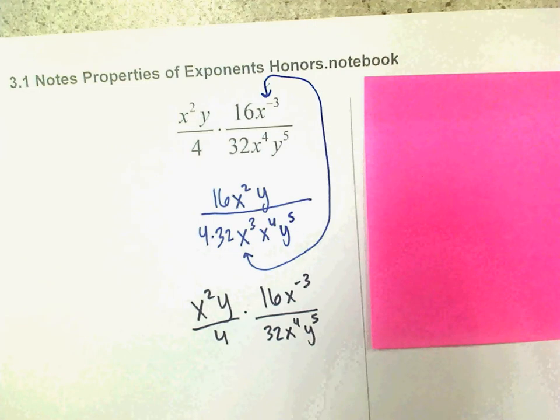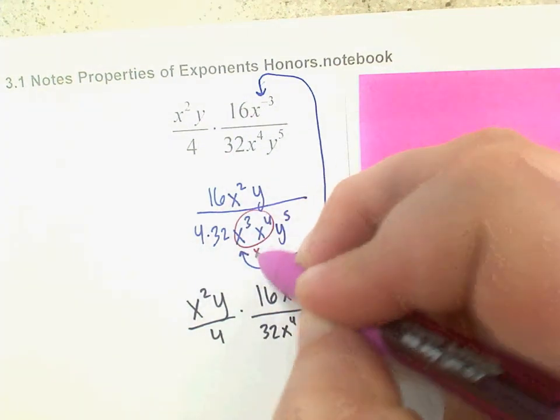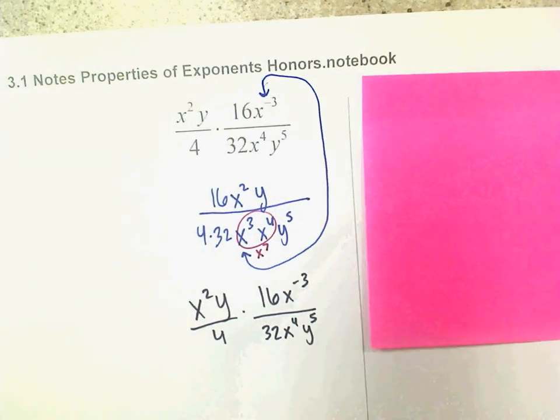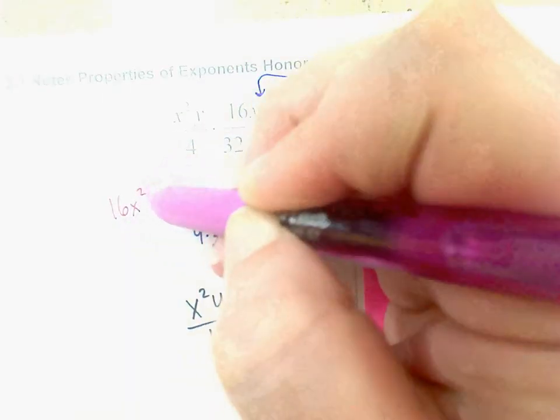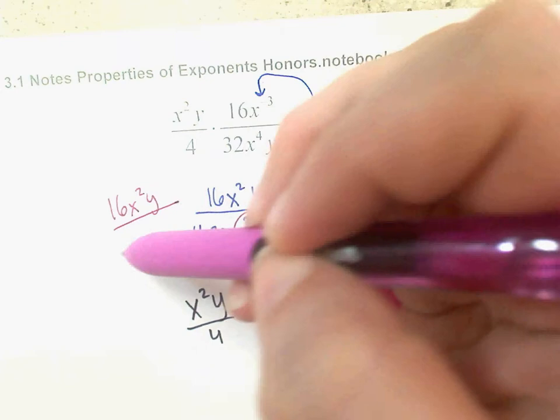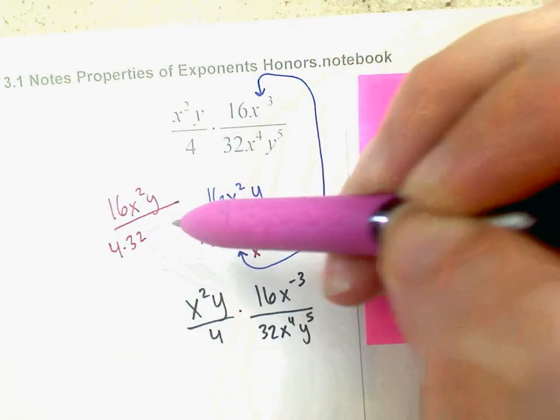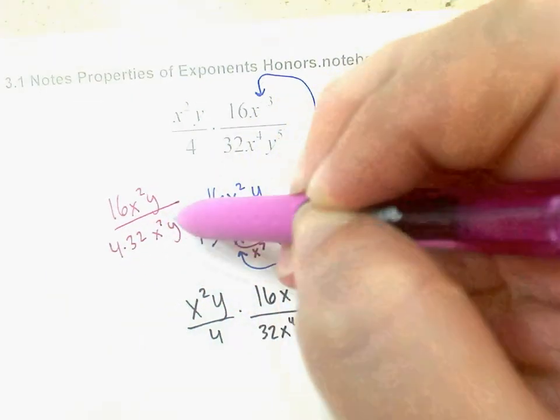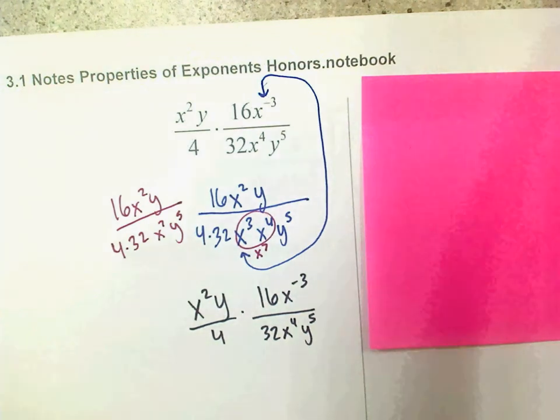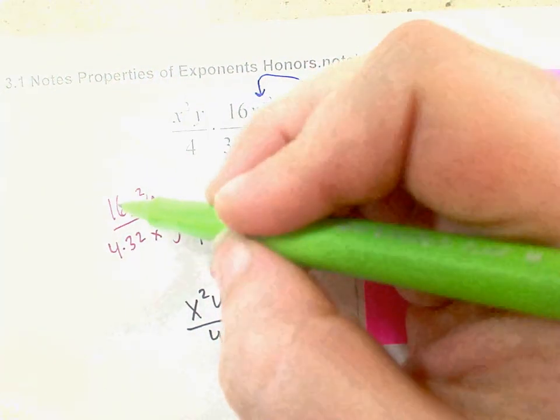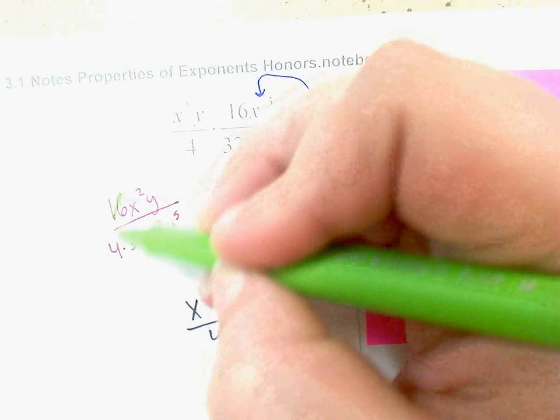So you could just go ahead and say these two combine to x to the 7th, and then start simplifying. So you've got 16x squared y divided by 4 times 32 x to the 7th y to the 5th. And then 16 divided by 4 is 4, and 4 goes into 32 8 times.